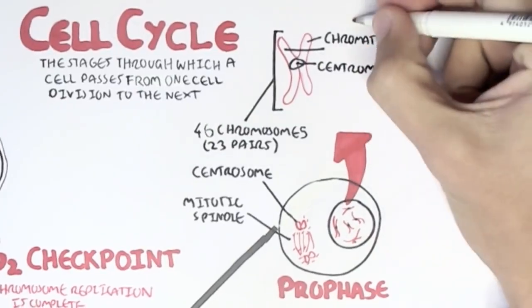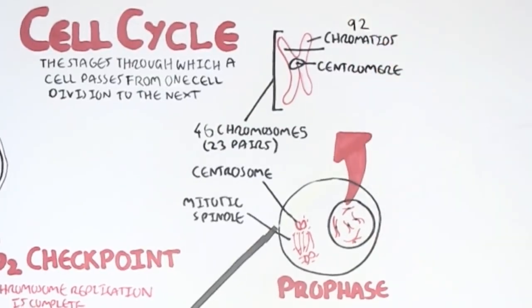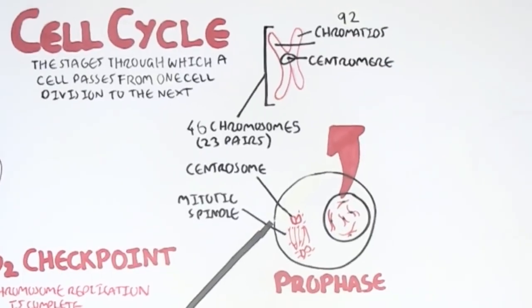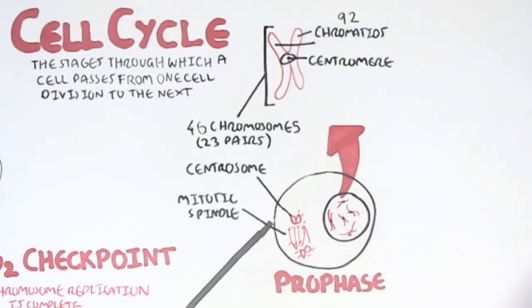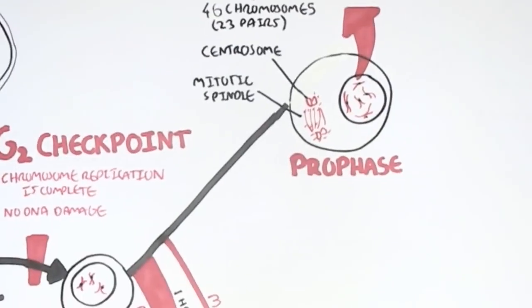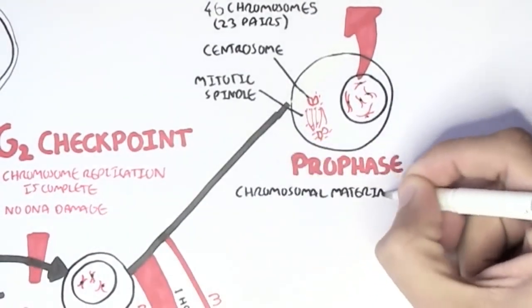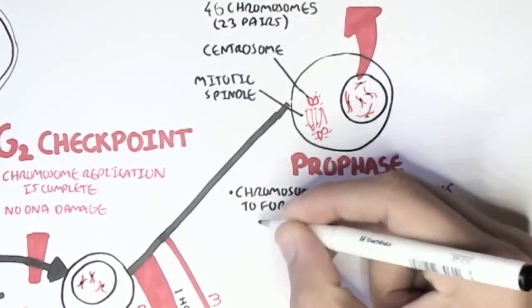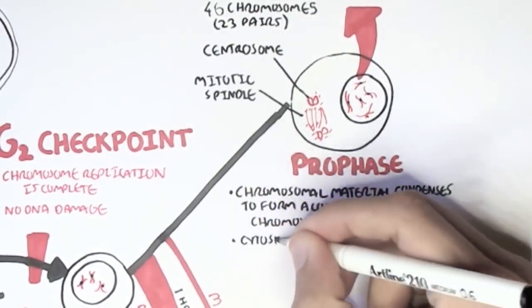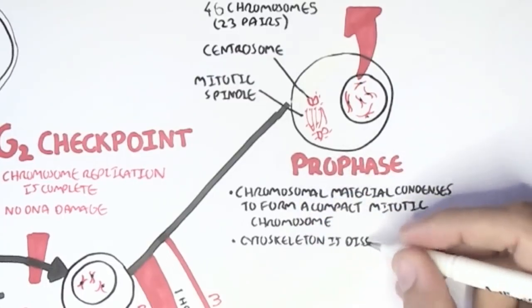This structure in the middle here, holding the duplicated chromosome together, is known as a centromere, and it is important to know. Centromere and centrosome sound familiar, but don't get mixed up. During prophase, the chromosomal material condenses to form a compact mitotic chromosome, so the chromosomes become visible.